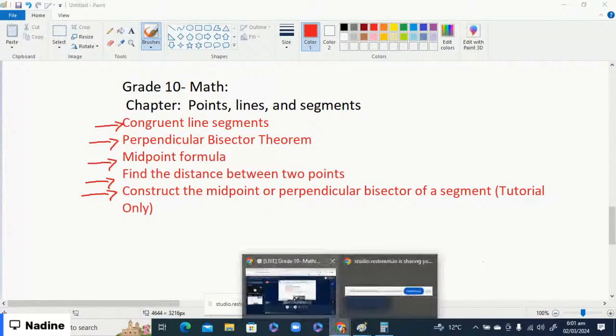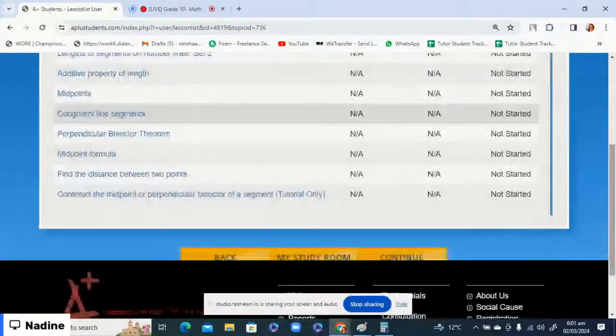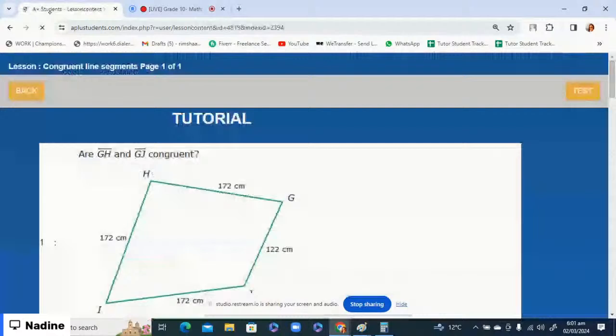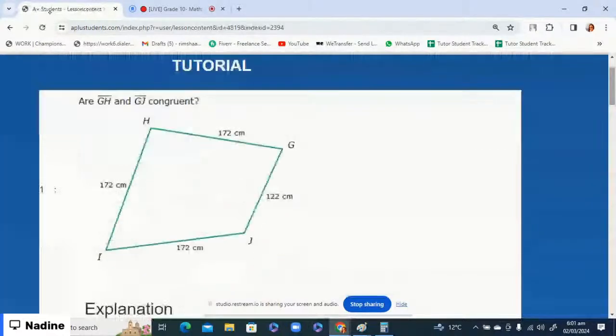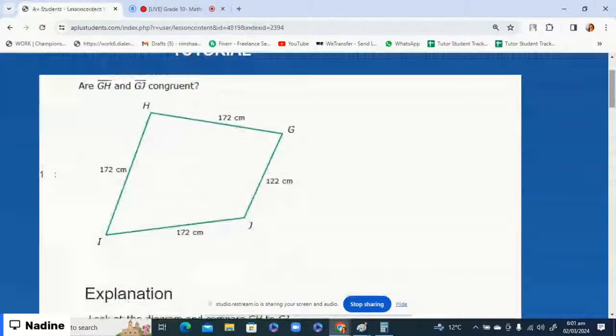Alright, let's get started. So here is the first lesson, congruent line segments. I'm going to open it here now. Look at the shape here. First of all, let's see what the meaning of congruent is. Do you all have any idea about congruent?